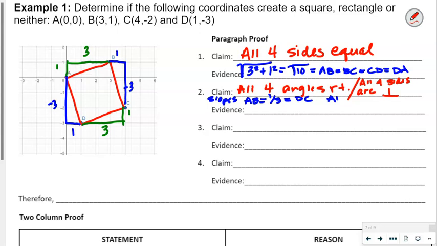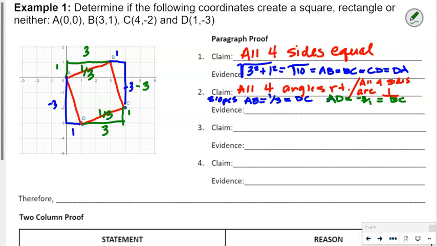What's the slope of AD? Actually, let's change colors here. I'm going to change it to green. AD, what's its slope? AD slope is 3 down, 1 over, right? So this is going to be -3 over 1. And isn't that also equal to what? BC, right? Okay, so then what does that mean? So let's talk again. This one was 1/3 and 1/3.